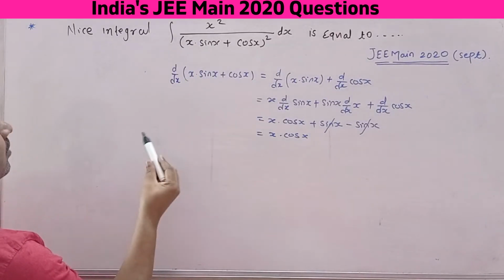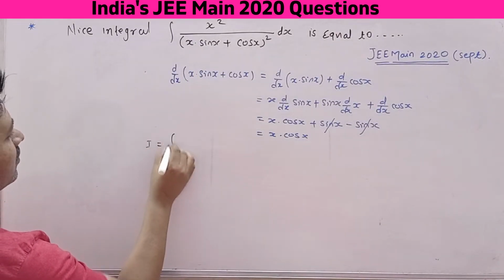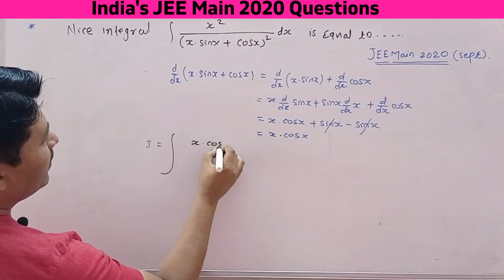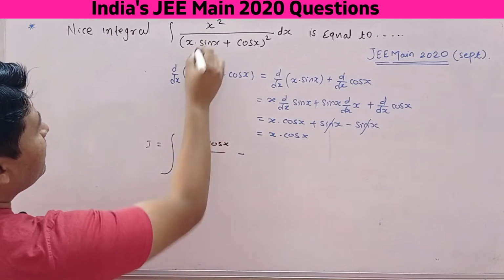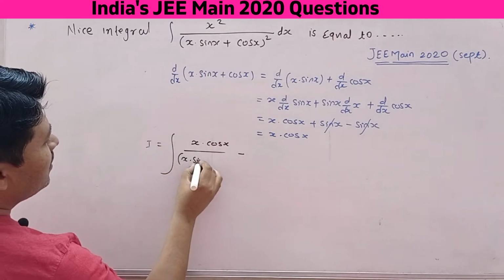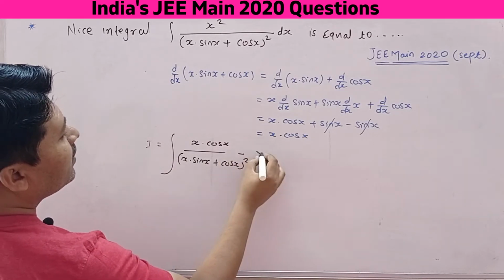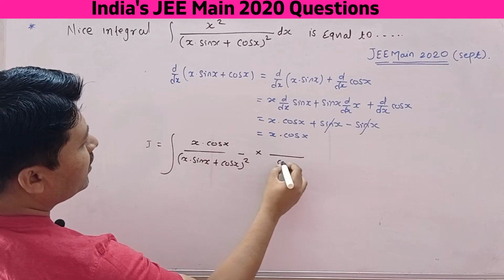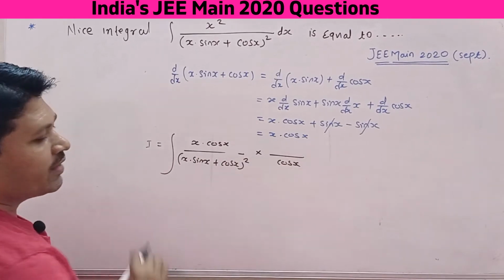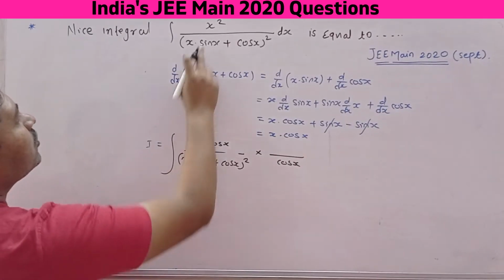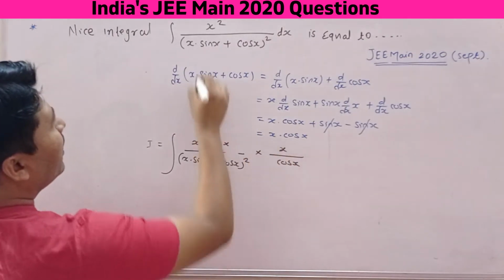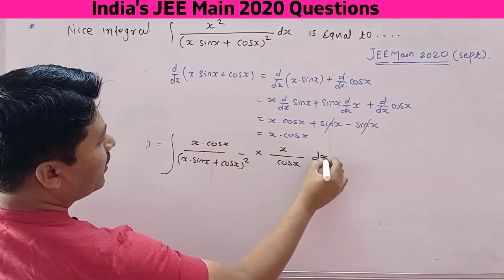We can write this integration as x cos x divided by (x sin x plus cos x) whole squared, and arrange the term as cos x in the numerator, so the cos x cancels and we get x squared, dx.